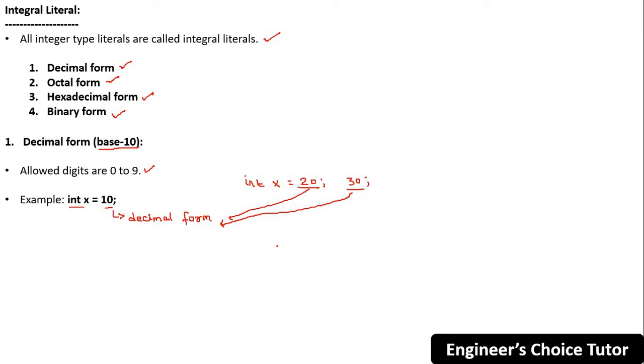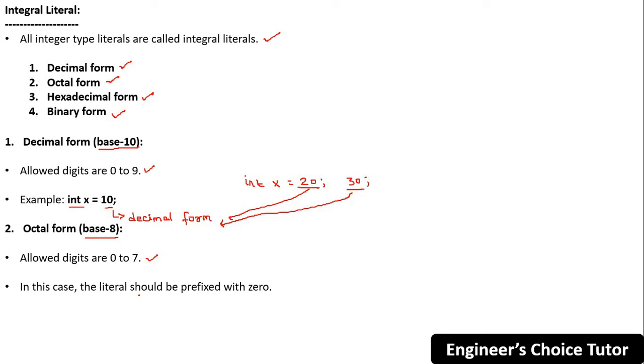Now the next form is octal form. Octal form means base 8. So the allowed digits are 0 to 7. In this case the literal should be prefixed with 0. The same 10, if I want to write it in octal form, how can I write it? See, for example 010.